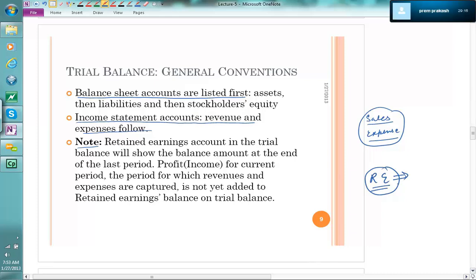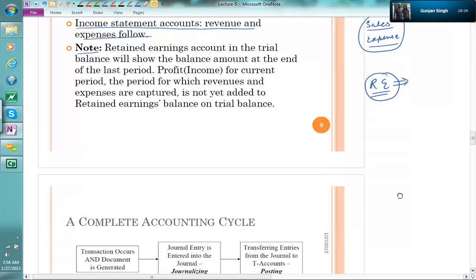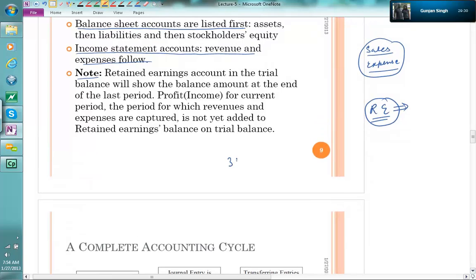And this account, if you look into the trial balance, it will hold the retained earning as at the beginning of the period for which we are making the trial balance. So suppose we are preparing a trial balance on 31st December 2012, and the last trial balance was prepared on 31st December 2011.